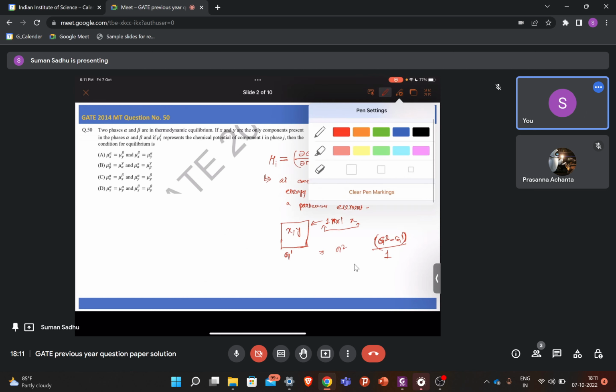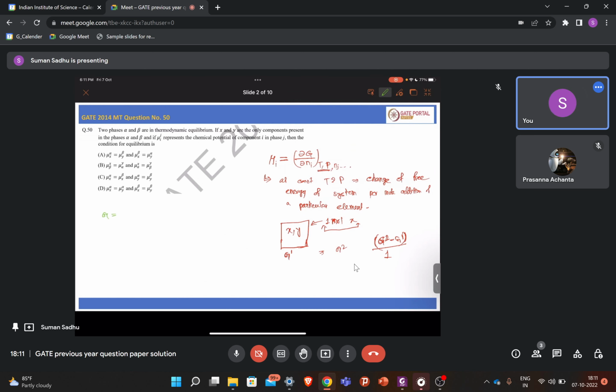Now G is a function of temperature, pressure, and number of moles. If you write it in differential form, then dG is equal to del G del T at constant pressure and number of moles into dT, plus del G del P at constant temperature and number of moles into dP, plus del G del n at constant temperature and pressure into dn.